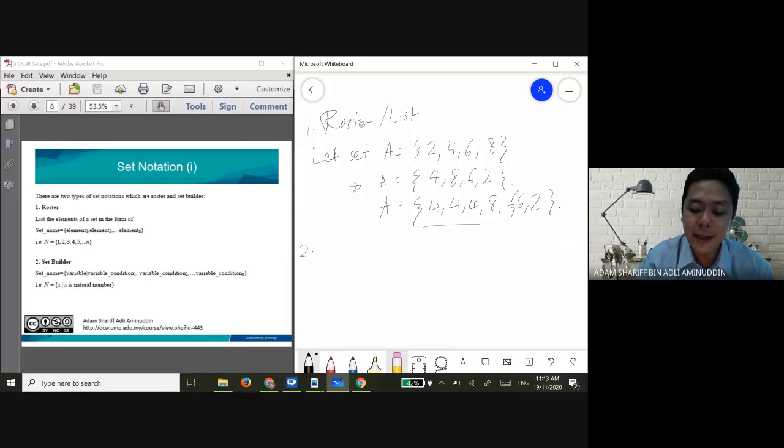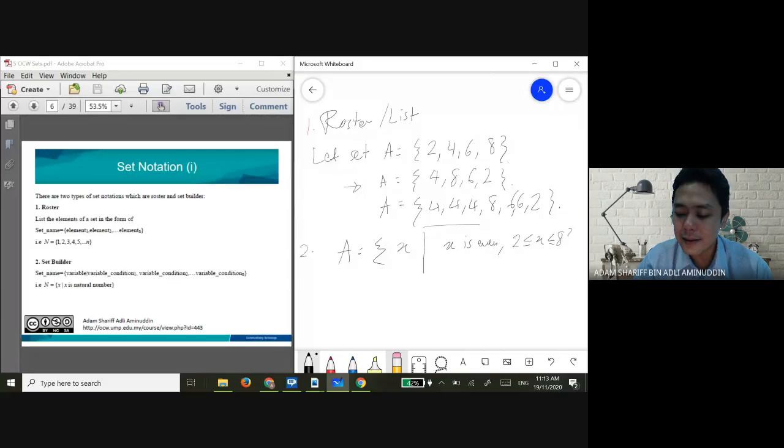So for this particular same example of elements, set builder notation is much more elegant. You can represent it as like this: x, and then you put the condition x is even, and x you put the value from 2 until 8.